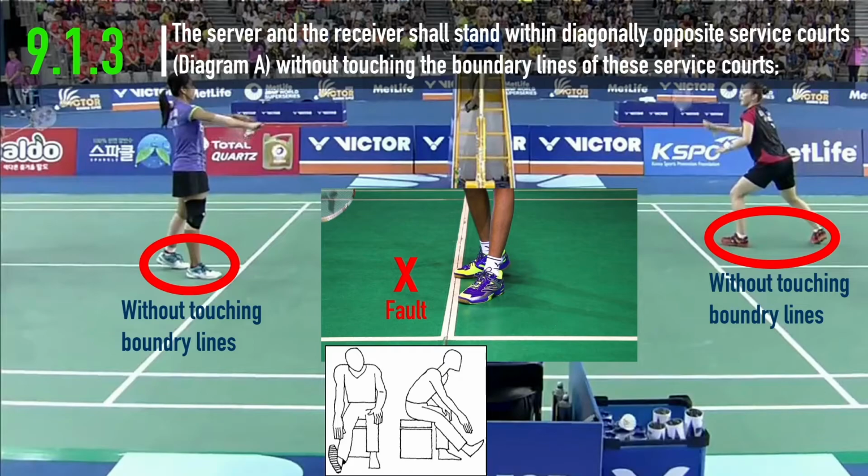The server and the receiver shall stand within diagonally opposite service courts, refer diagram A, without touching the boundary lines of these service courts.